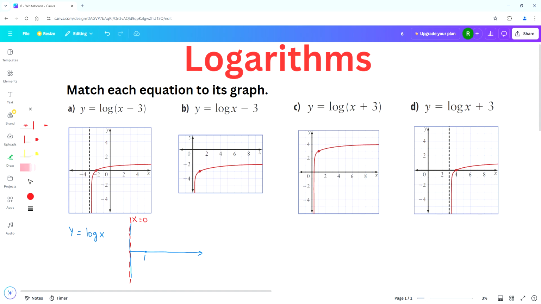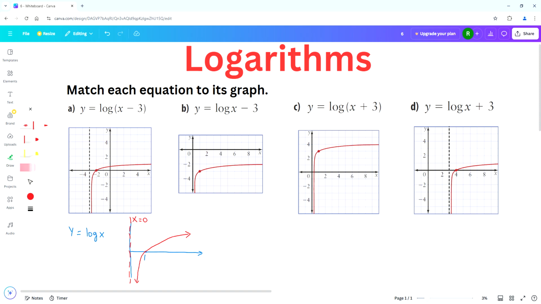On the left side of the x-intercept, the curve goes downward along the vertical asymptote. And on the right side of the x-intercept, the curve goes upward in the first quadrant. This is the graph of y equals log x.